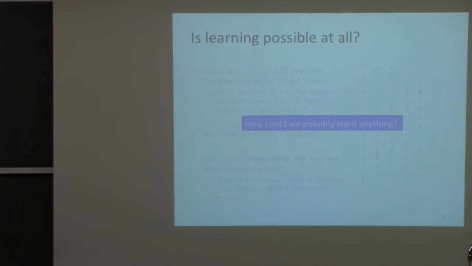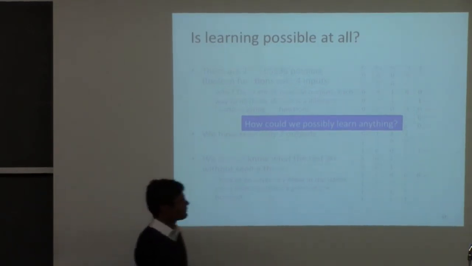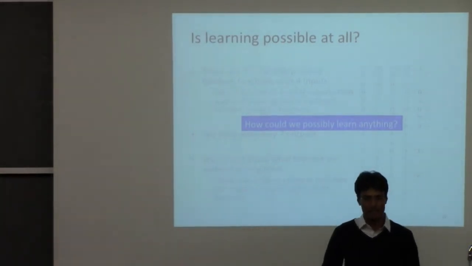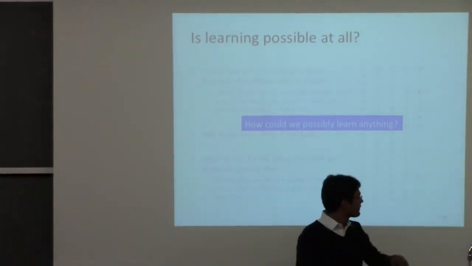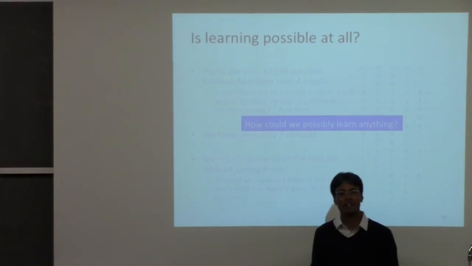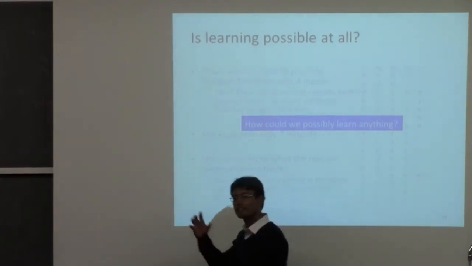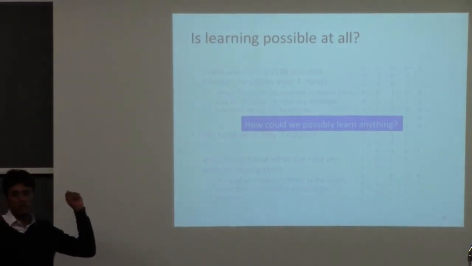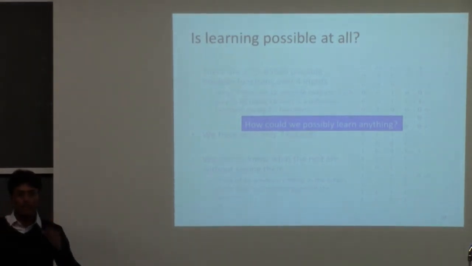The number of features is 4-dimensional here. In 1,000,000 dimensional Boolean space, how many functions are there? Too many. Exactly. Because the number of elements in the truth table is 2 power 1,000,000, and the number of different assignments to that column is 2 power 2 power 1,000,000. Here it's 2 power 2 power 4.